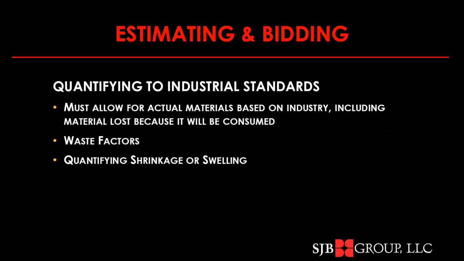As you're doing your takeoffs, you have to quantify things to industrial standards. In other words, you must allow for actual materials based on the industry, including material losses, because it's going to be consumed anyway. Remember, your plywood comes in standard 4x8 sheets.